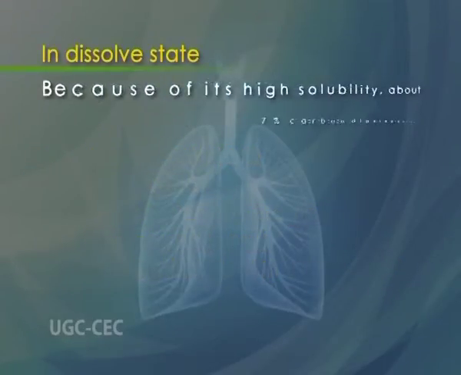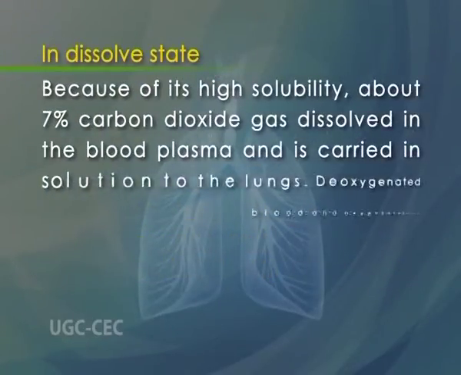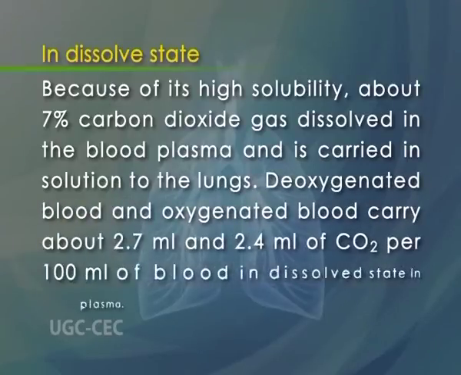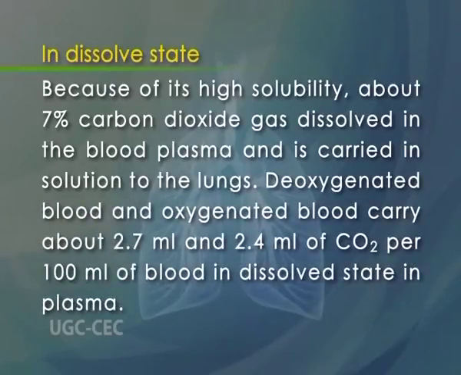Because of its high solubility, about 7% of carbon dioxide gas is dissolved in the blood plasma and is carried in solution to the lungs. Deoxygenated blood and oxygenated blood carry about 2.7 ml and 2.4 ml of carbon dioxide per 100 ml of blood in dissolved state in plasma.